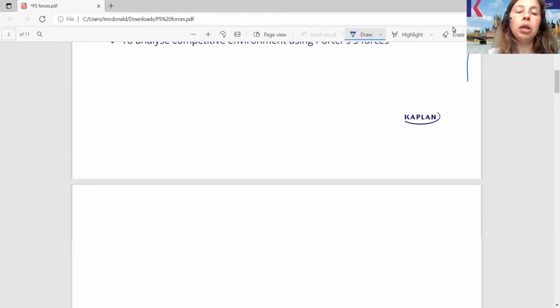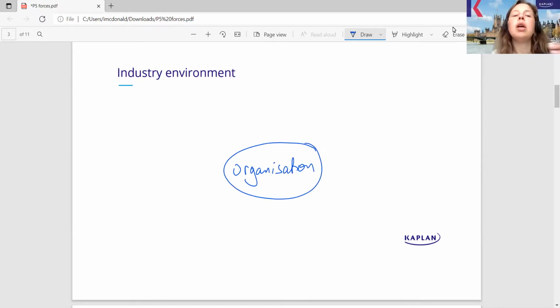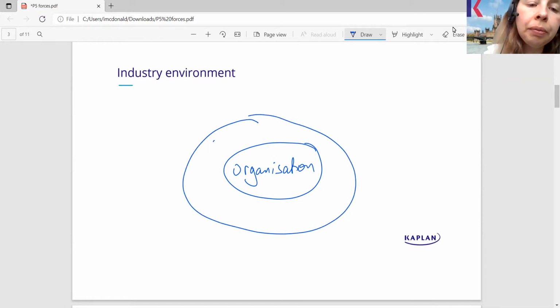If we think about our industry environment, let's start with the organization in the middle. That's our organization. Not only do we need to understand what's happening within our organization, what we are doing, how well or badly we're operating, we need to think about the wider industry we find ourselves in.